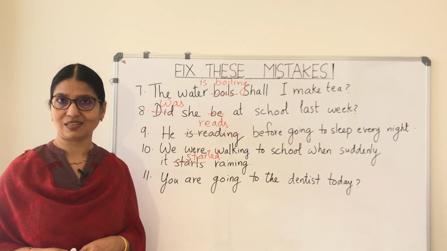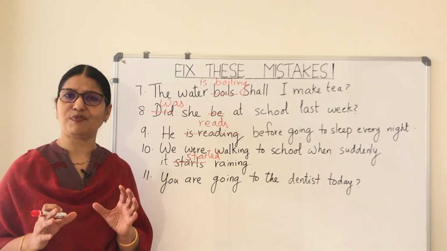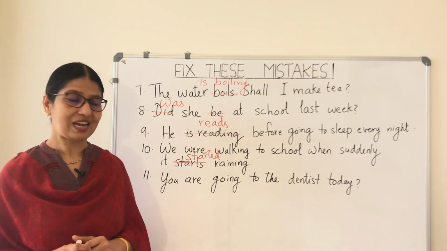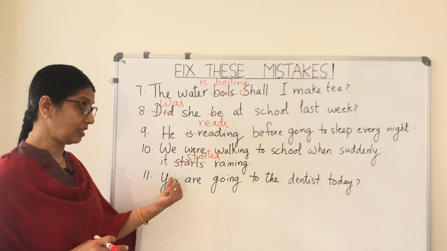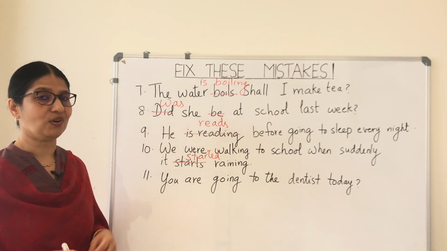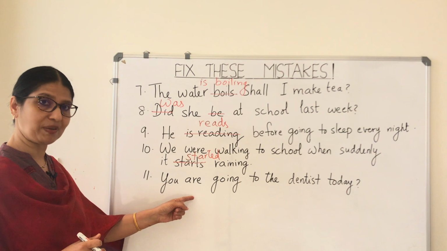In English, we form questions in a very consistent way. We have a clear structure for that. And in this case, this is a yes or no question. So what is the right word order? We always start with the helping verb.